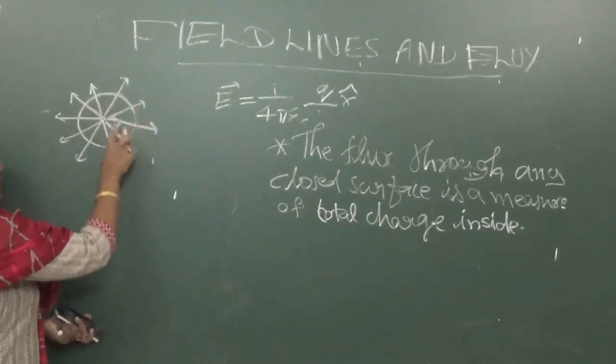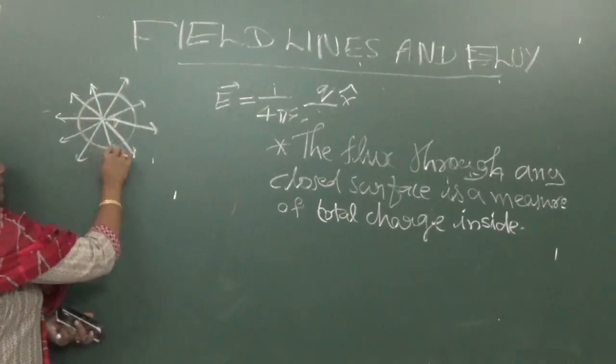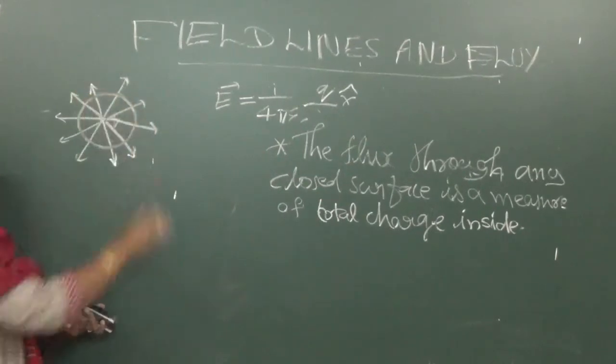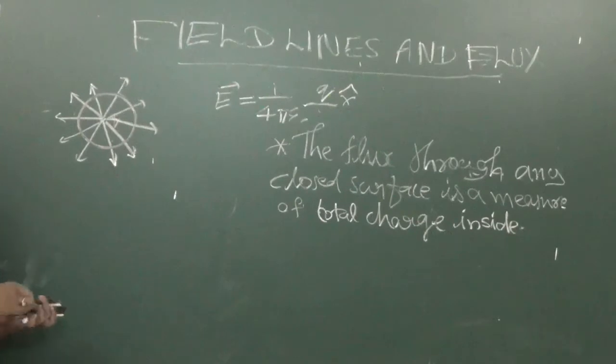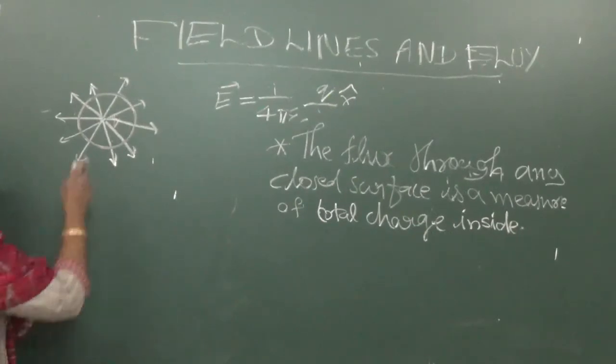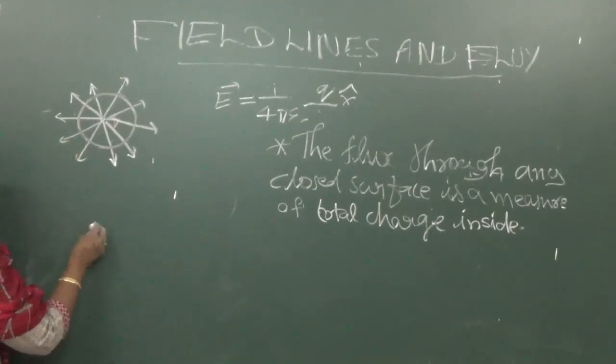This is the surface S through which these field lines pass out. Now, instead of this, suppose a negative charge inside this surface.